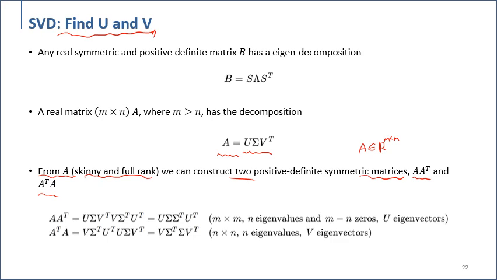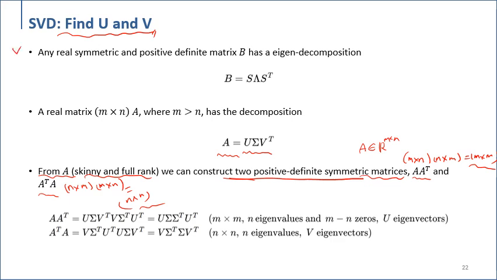So A A transpose is of size m by m, and A transpose A has the size of n by n. So we're going to have two symmetric positive definite matrices.